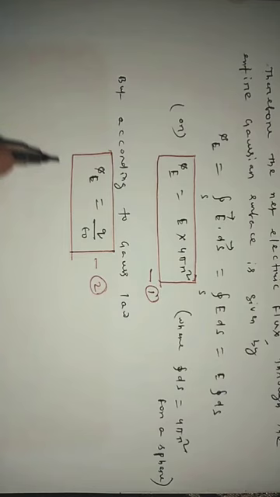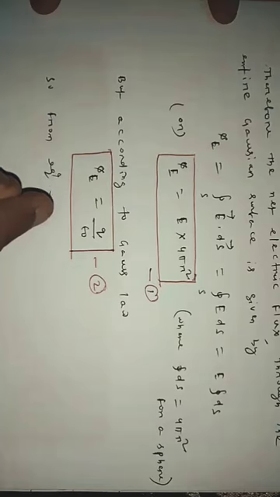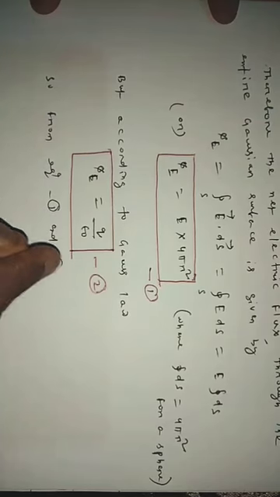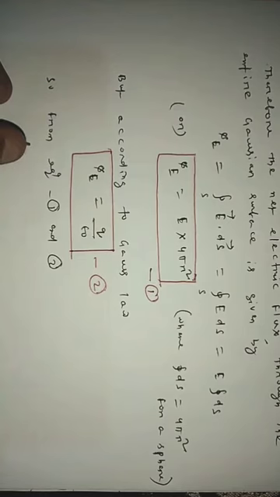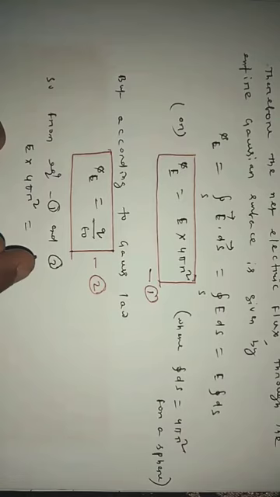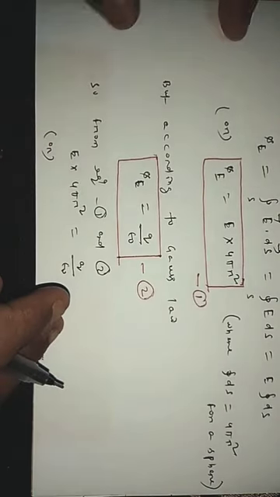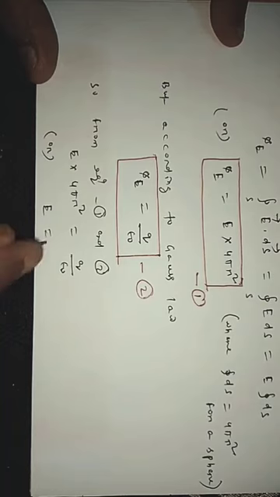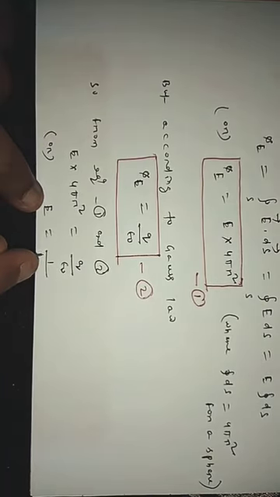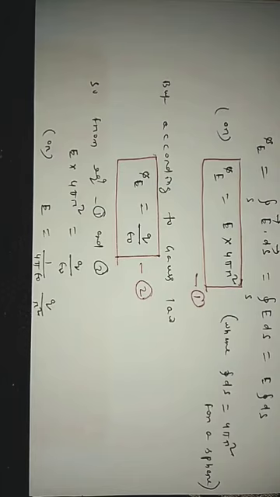So from equation 1 and 2, E into 4 pi r square equal to Q by epsilon 0, or E equal to 1 by 4 pi epsilon 0 into Q by r square.